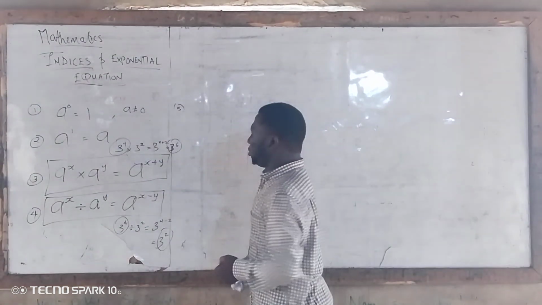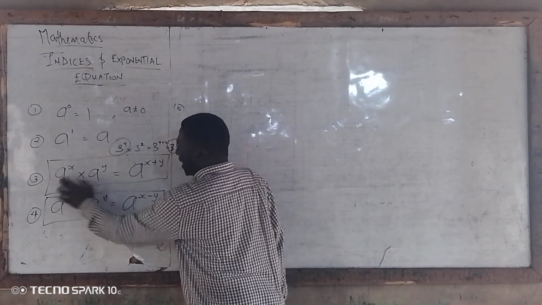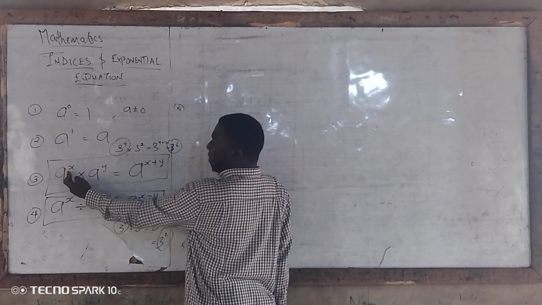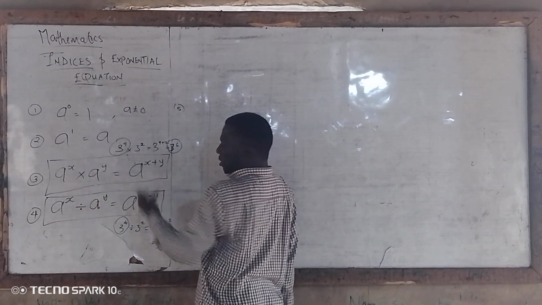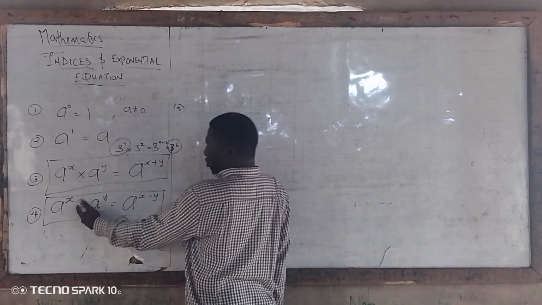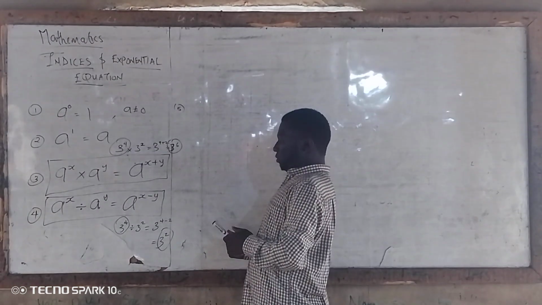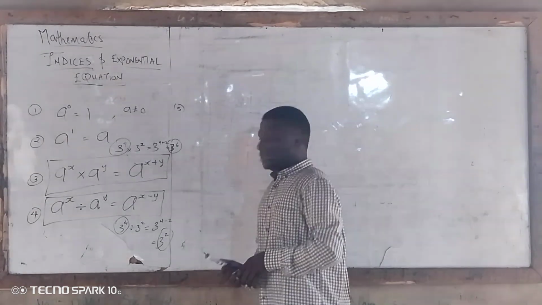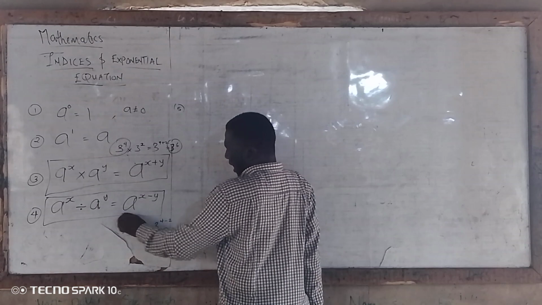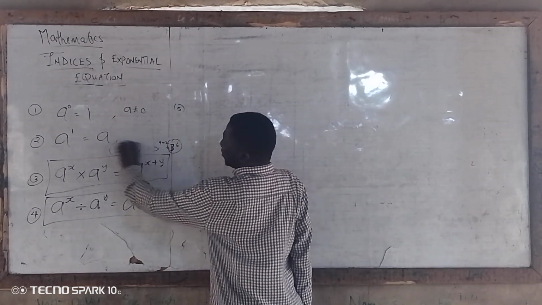So the first thing you try to remember is, as long as they have the same base, you pick one of the base, then when it's multiplication, you sum up the powers. If they have the same base in the case of division, it's meant to become smaller, so you subtract them. And so you realize that the final answer will be lesser than the very first number in consideration, unlike that of the multiplication.